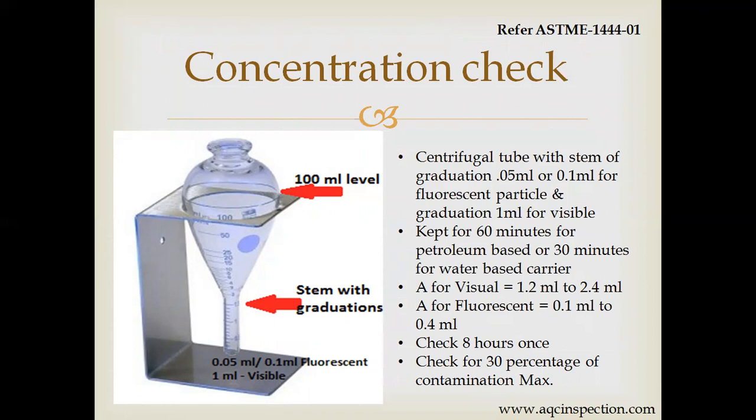The concentration should be 1.5 ml to 2.4 ml per 100 ml for visible suspended particles and 0.1 ml to 0.4 ml for fluorescent suspended particles. This concentration should be checked at least once, and the standard also allows a maximum of 30% contamination, which has to be checked during this inspection.